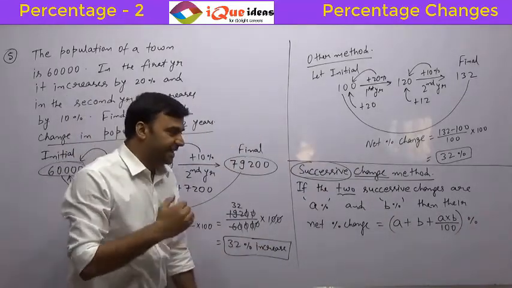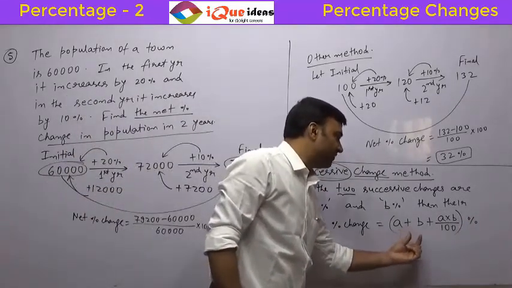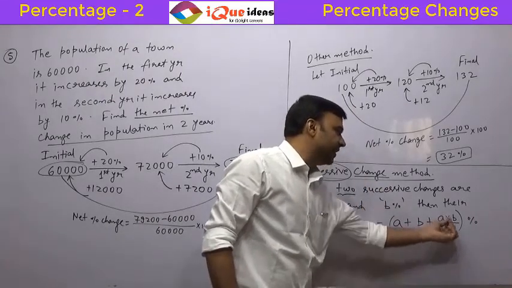See, if they are conducted on the same value, then answer will be simply A plus B. But if they are successive, it will be A plus B plus A into B by 100.